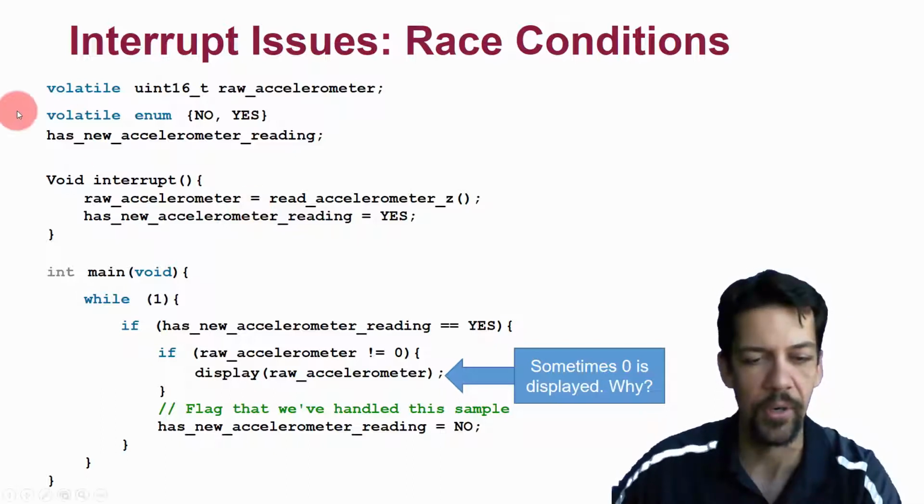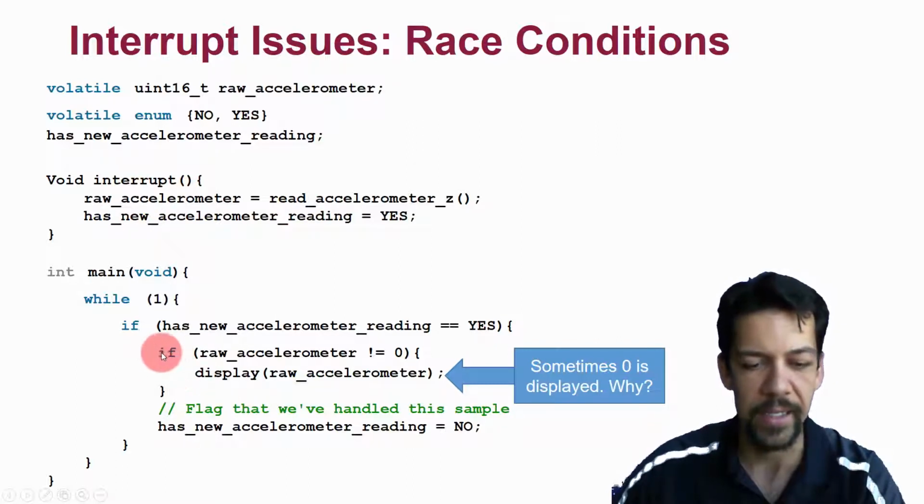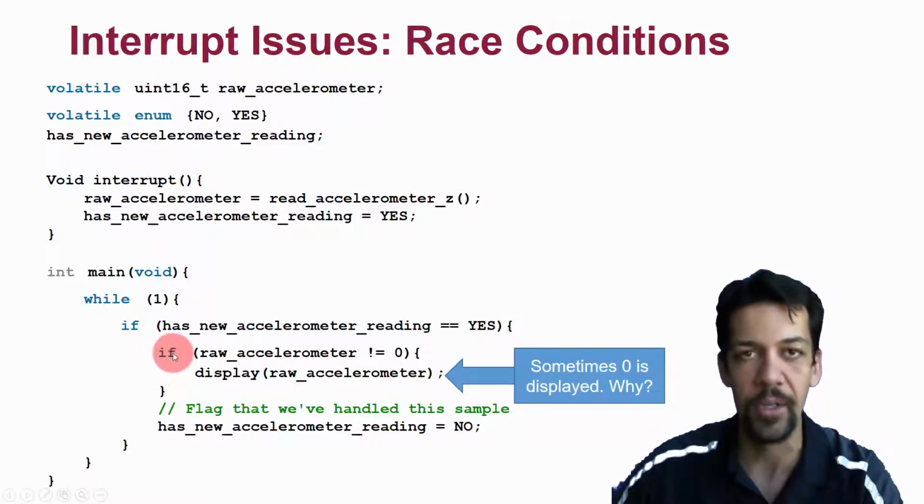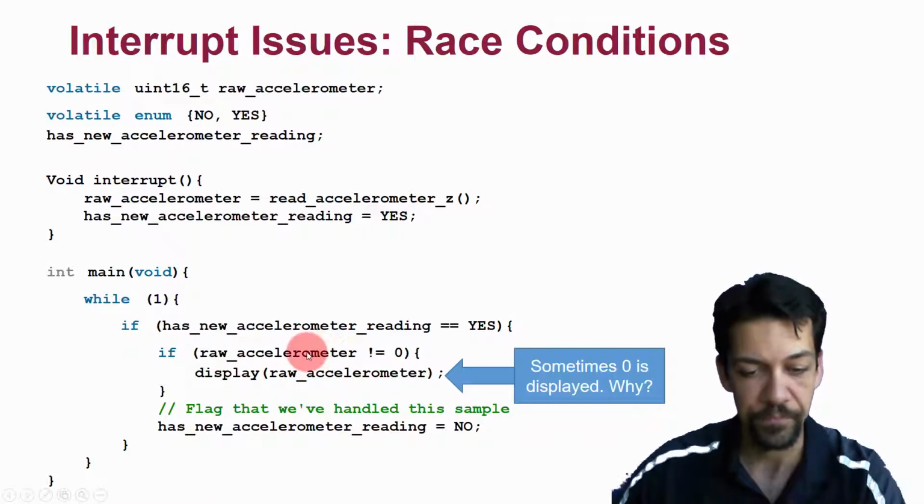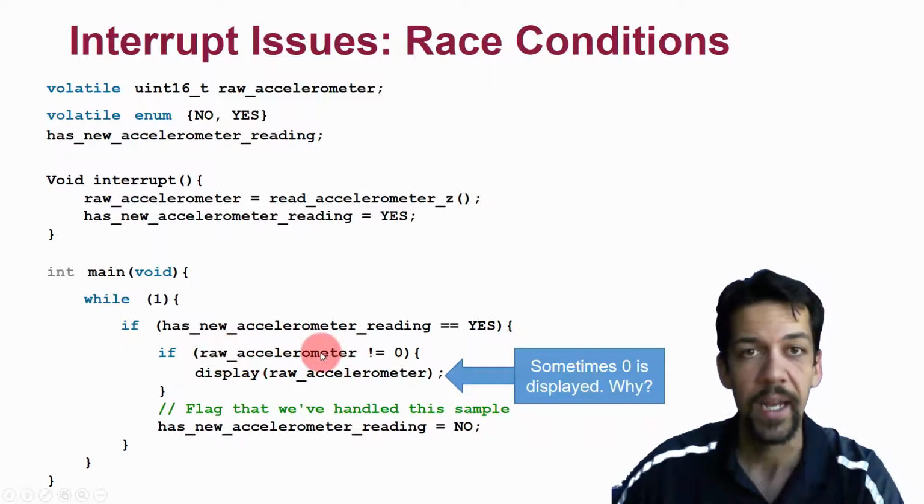So here I've got a little program where I've got an interrupt that updates a variable called raw accelerometer, and I've got a decision in my main loop that uses the variable raw accelerometer. And basically the rule here is that in main I should never display raw accelerometer if it's 0.